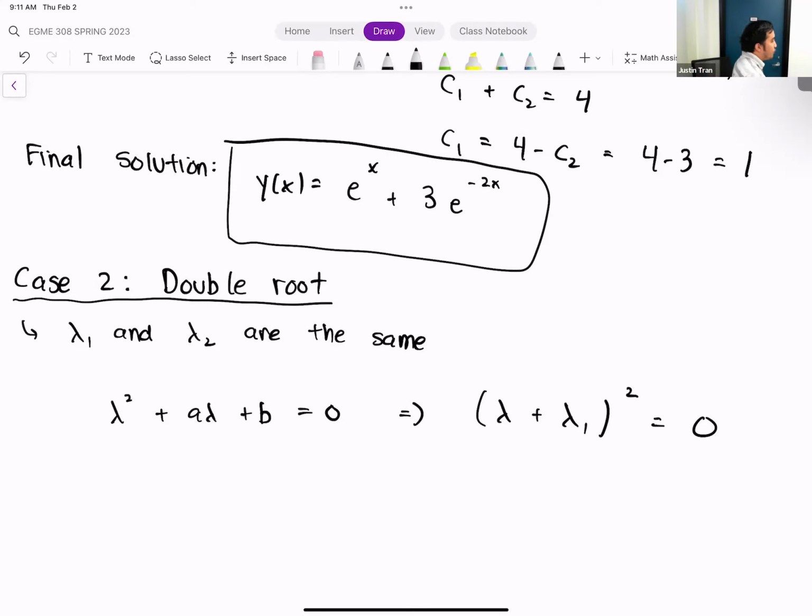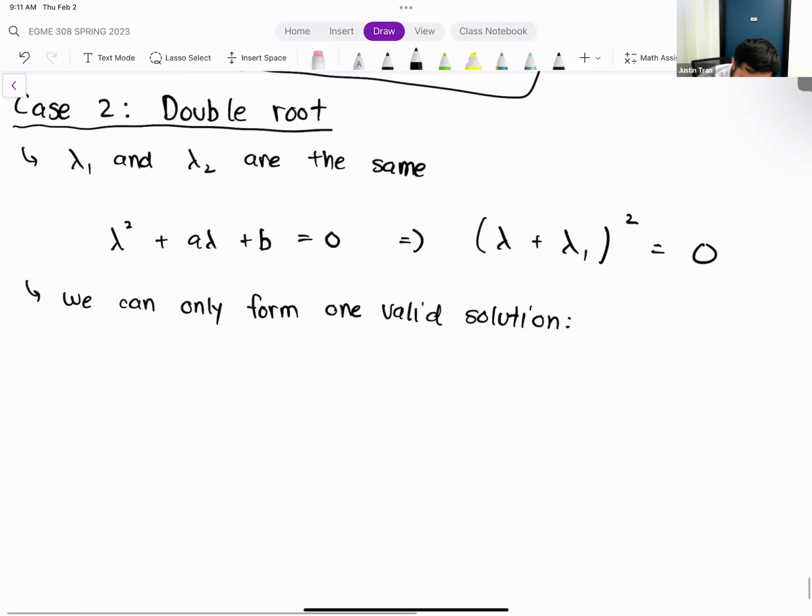And because we only have one root, we can technically only form one valid solution: y of x equal to C1 e to the lambda 1 x.